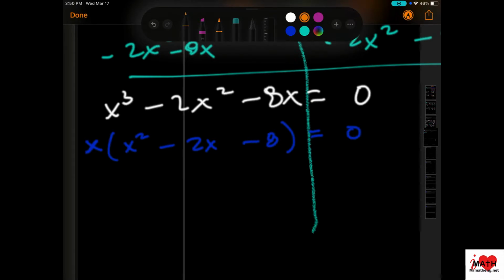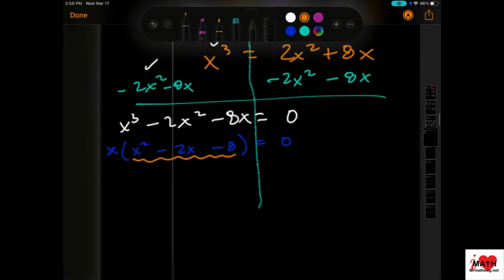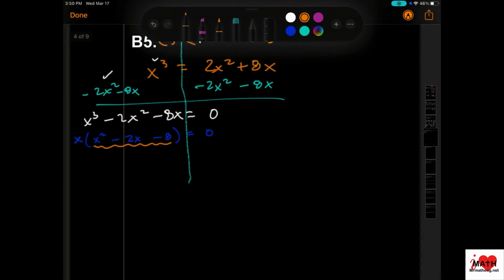Okay, here on the inside now, let's see if we can factor using the X box. A times C is negative 8. My B value is negative 2. My two numbers are going to be 4 and 2. I want them to multiply to be negative 8, so negative 4 times 2 equals negative 8. Negative 4 plus 2 is negative 2.